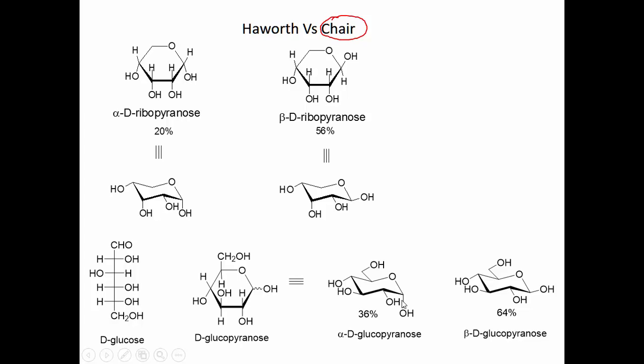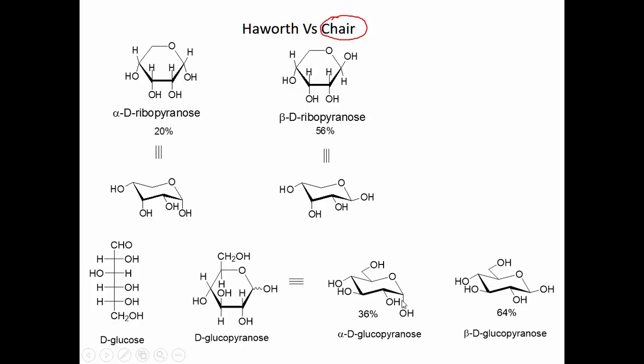So it's probably for this reason that nature chose glucose as the primary molecule to transmit energy in living systems. It's the most stable form that we can have.